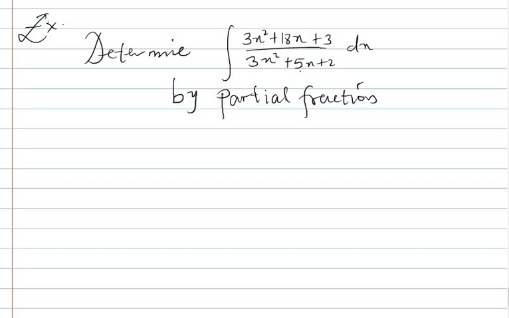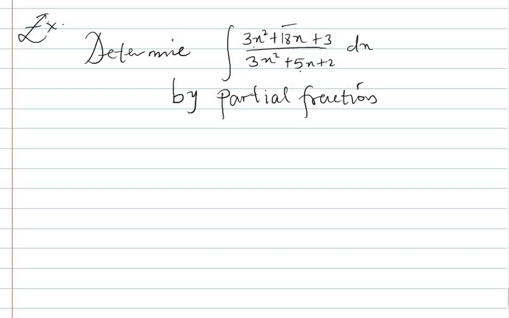Here is another question: to determine the integral of this function using partial fractions. It seems complicated, but it is actually simple. What you need to do is just look at the function inside the integral.